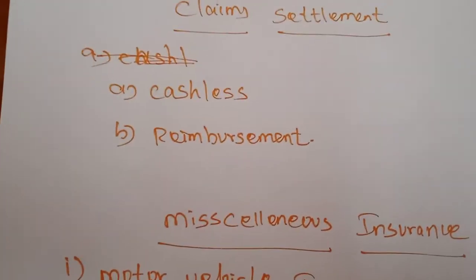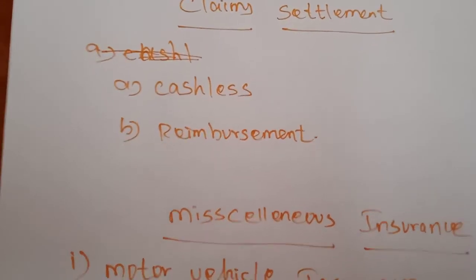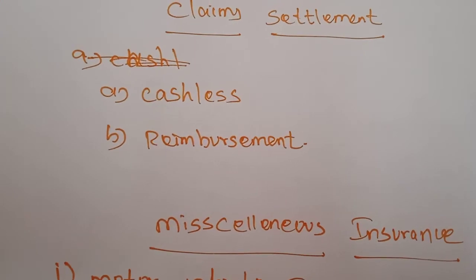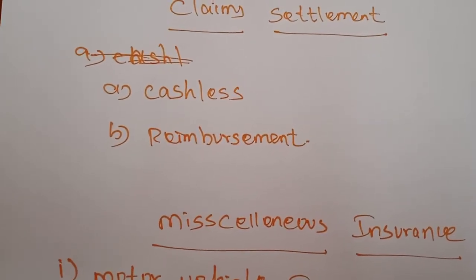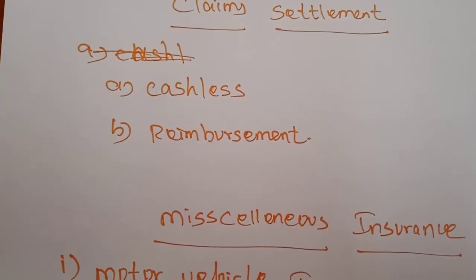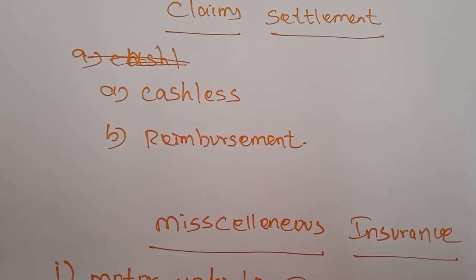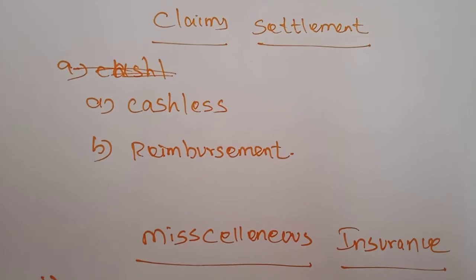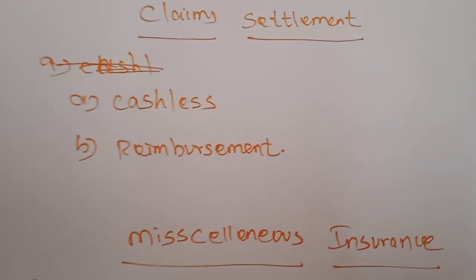Next, reimbursement. The insured avails himself or herself of the treatment and settles the hospital bills directly at the hospital, and the insured can claim reimbursement later by submitting the relevant bills and documents for the claim amount to the TPA.